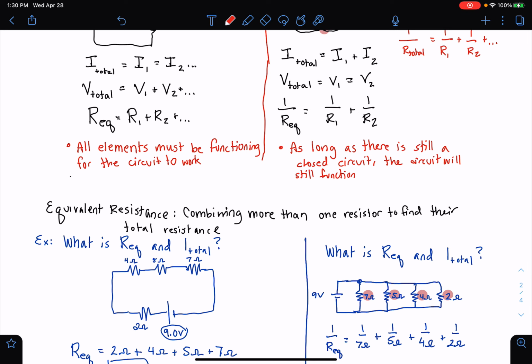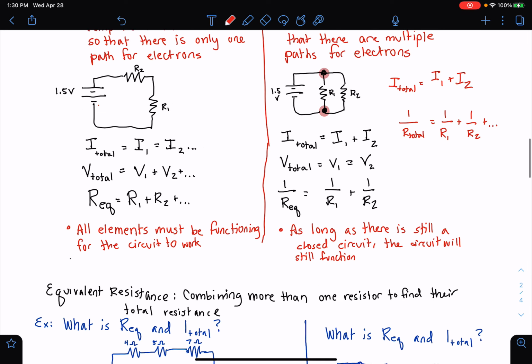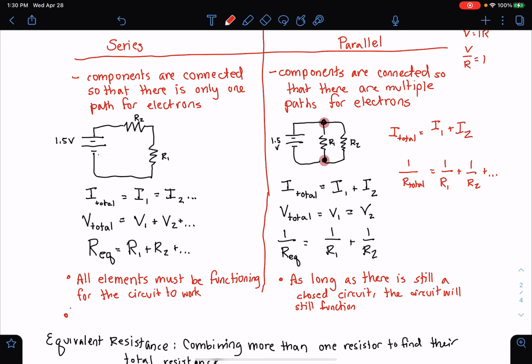Okay, so for a series circuit, as you add resistors, it increases the resistance. But for a parallel circuit, adding resistors decreases the total resistance.